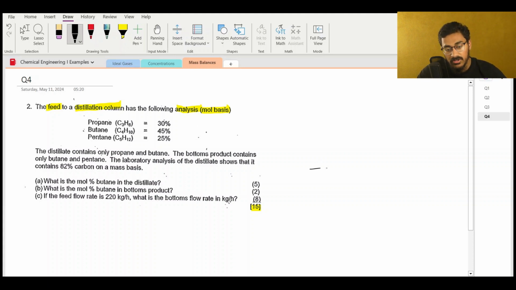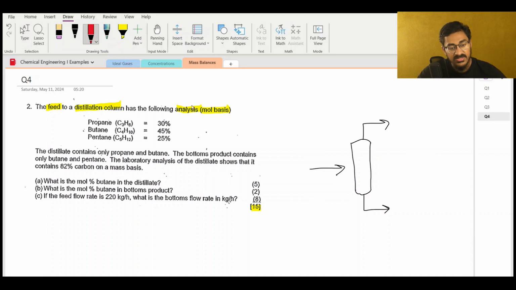So just so you have a picture, you send a feed into this little tower, and out of the top comes one of your lighter components, or the component with a lower boiling point, and the component with a higher boiling point comes out at the bottom. This is the basic principle of distillation.